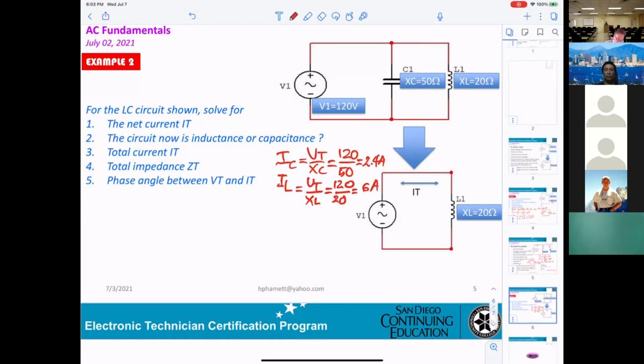So the difference between IL and IC, you understand, will be IL minus IC, which is 6 amps minus 2.4. 6 minus 2.4 is 3.6.